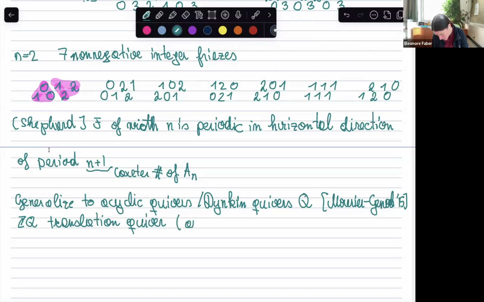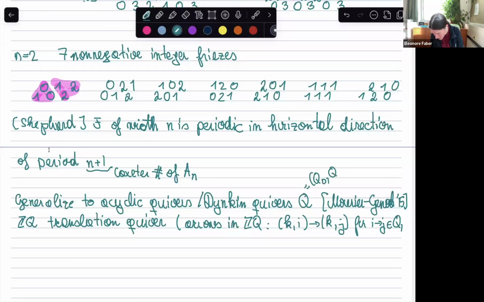The arrows in ZQ are of the form (k,i) to (k,j) for any arrow i to j in Q_1. So Q is always consisting of vertices and arrows.